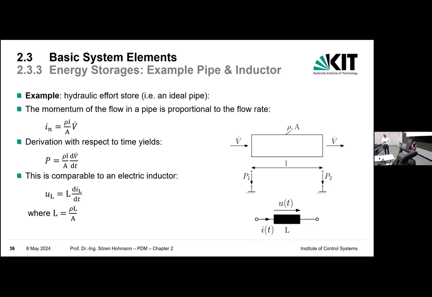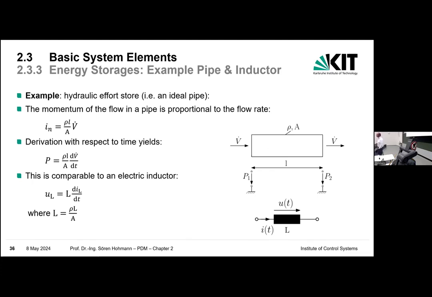There is some similarity if you define the volume flow as a correspondence to the current in electrical engineering, and the pressure as a correspondence to the voltage. And so the voltage drop here is U, and you might have a pressure drop P2 minus P1, then you have the very same situation.